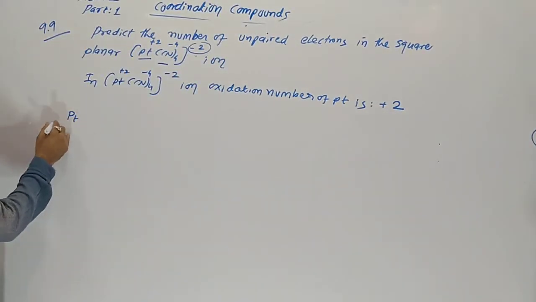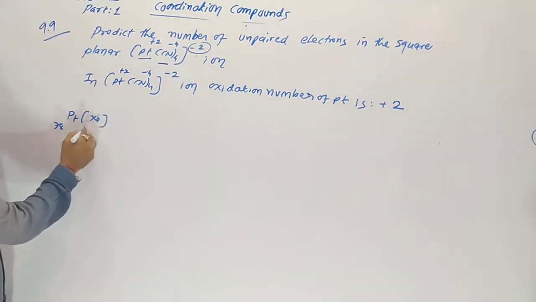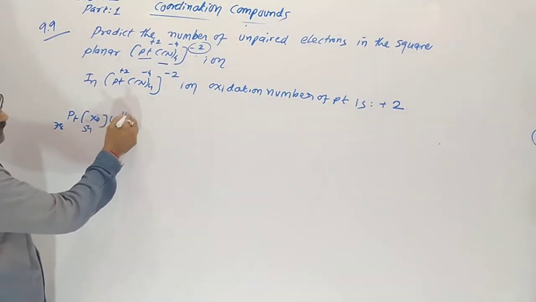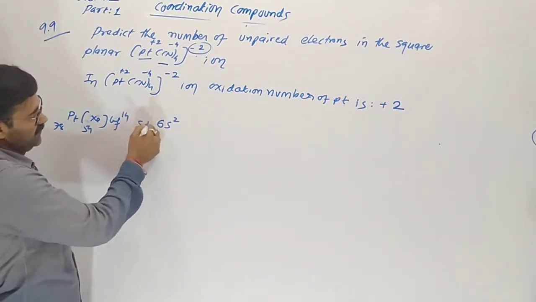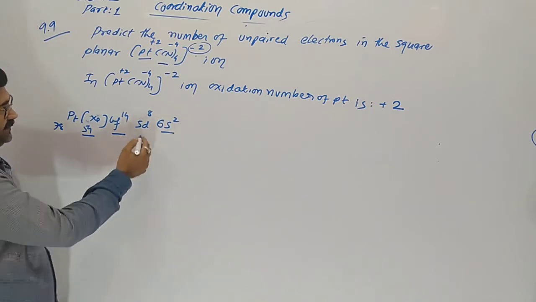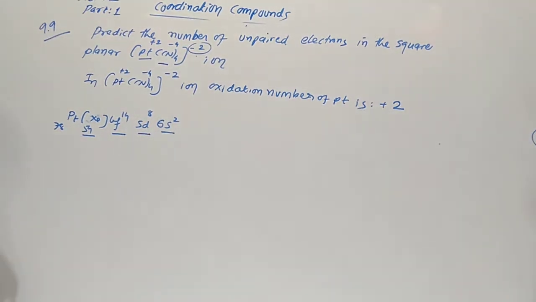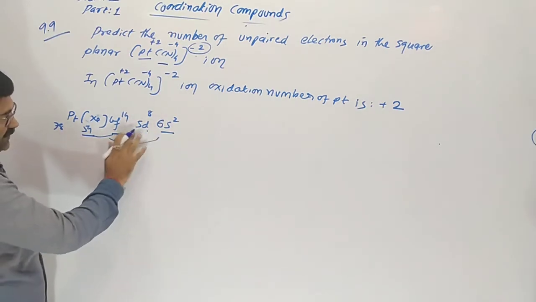Atomic number of platinum is 78. So xenon 54, 4f14, 6s2 and 5d8. 54 plus 14 is 68, plus 2 is 70, plus 8 is 78. Fill up in the sequence 4f, 6s and 5d.